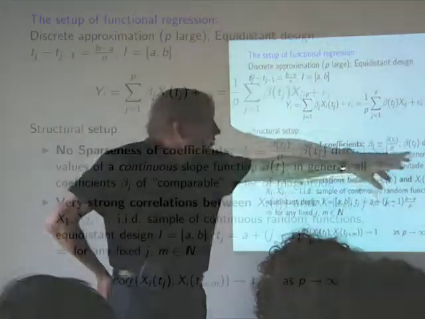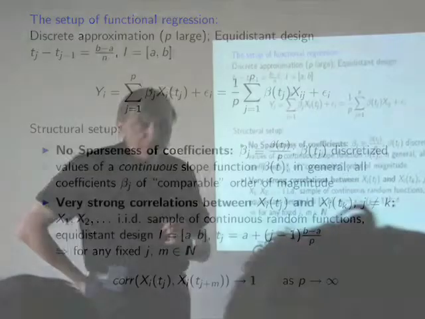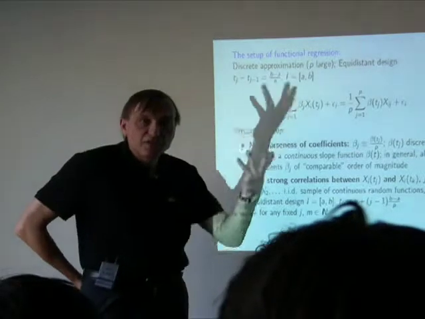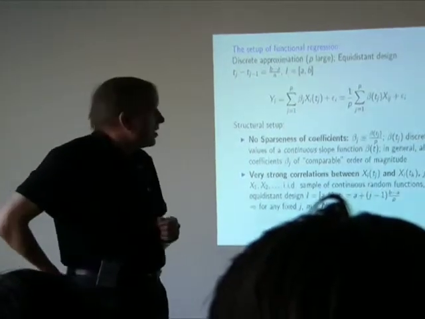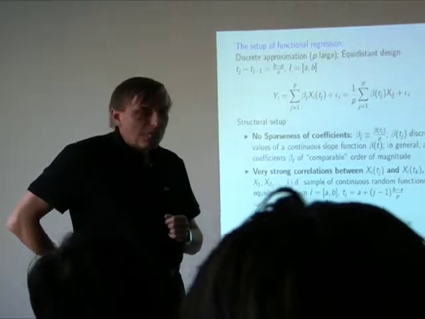That means all betas you have in this model, if it's a functional conversion, will be small, but of comparable order of magnitude. There will not just be a finite number which is non-zero. Practically all coefficients will be non-zero, but they will all be small.